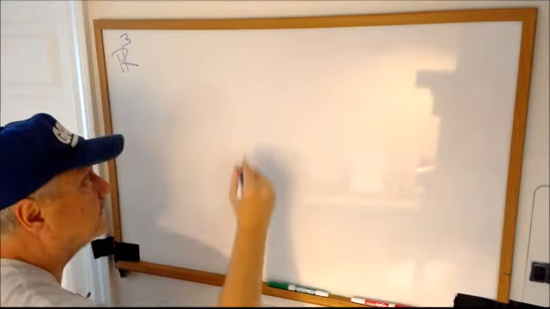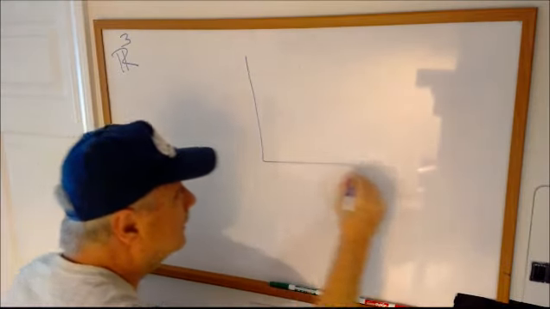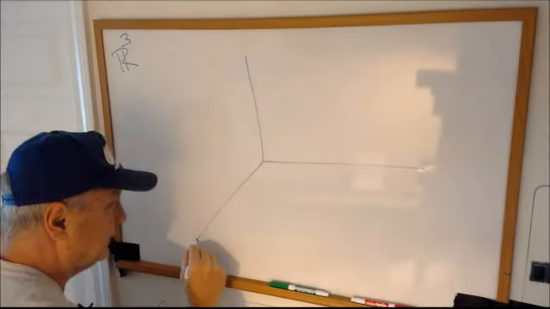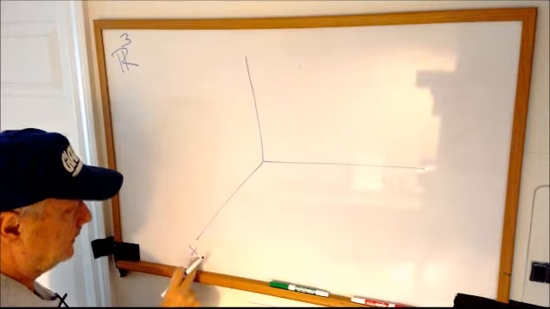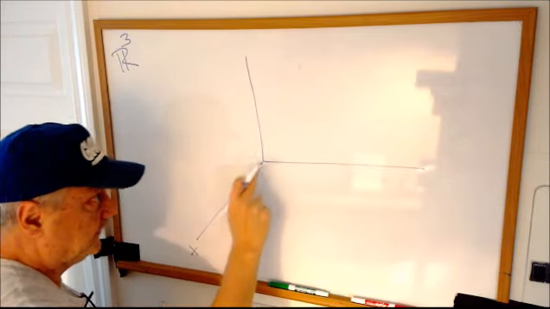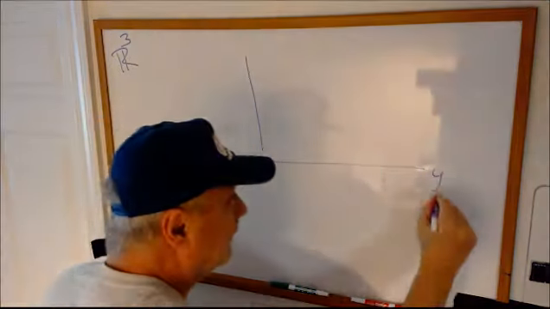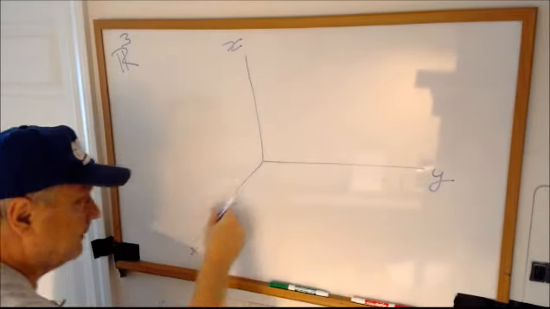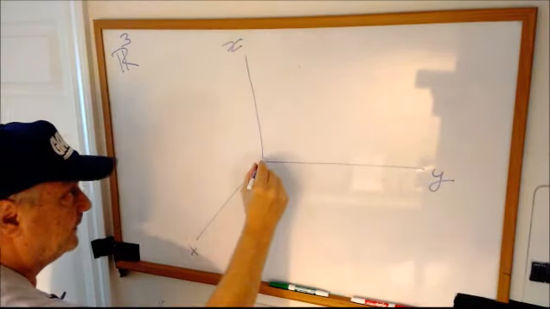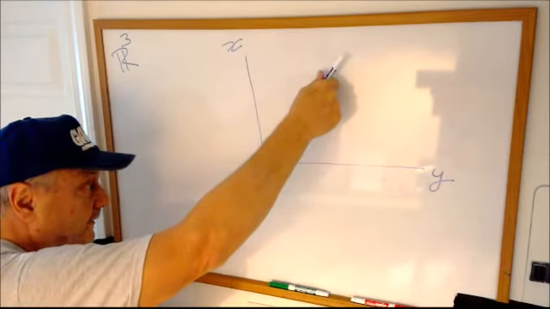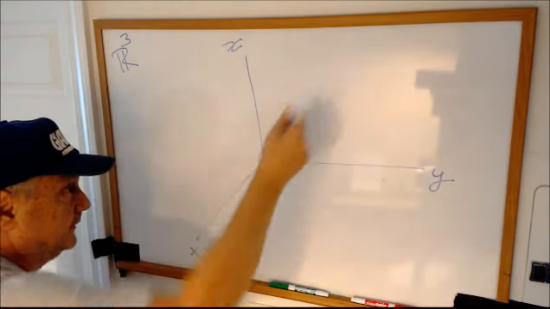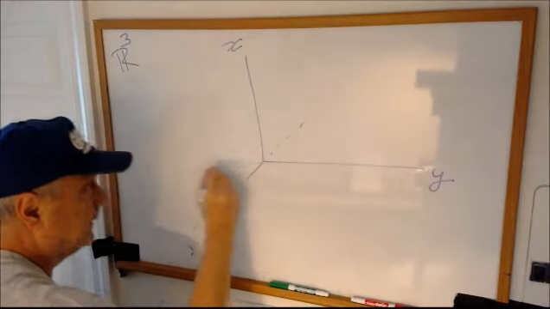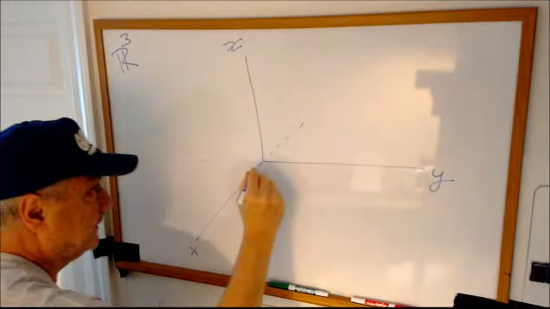The coordinate system looks like this, with the x-axis, this is the origin, the y-axis, and the z-axis. These are positive numbers, so you have implied here the negative x numbers, positive y, negative, positive z, and negative.